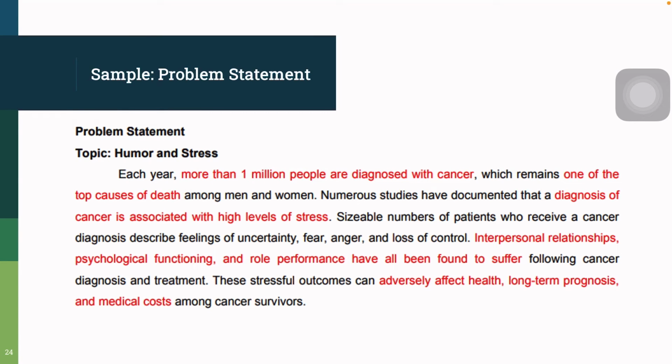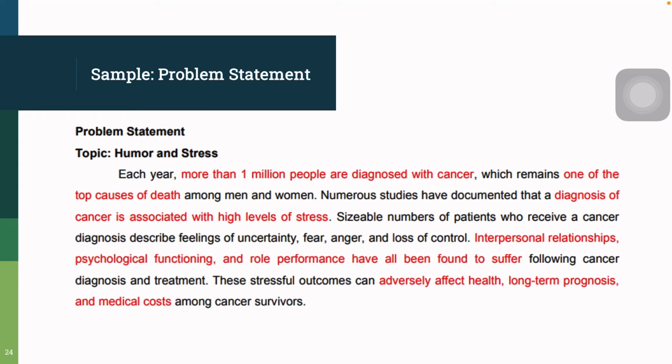So an example of a problem statement is, for example, humor and stress. Okay, so you have there those that we have identified as the contents of your problem statement. If we say problem identification, try to check if you have that on this particular slide.